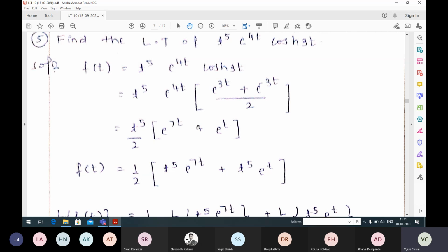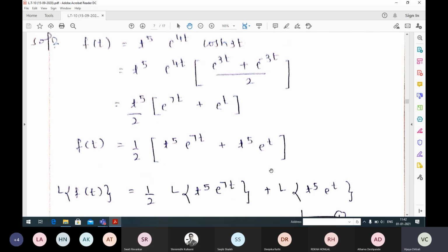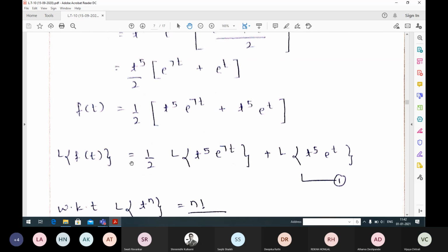This plus sign is as it is. e raised to 4t into e raised to minus 3t: 4t minus 3t is e raised to t. Now 1 by 2 as it is, t raised to 5 e raised to 7t plus t raised to 5 e raised to t. So we want the Laplace transform of this.